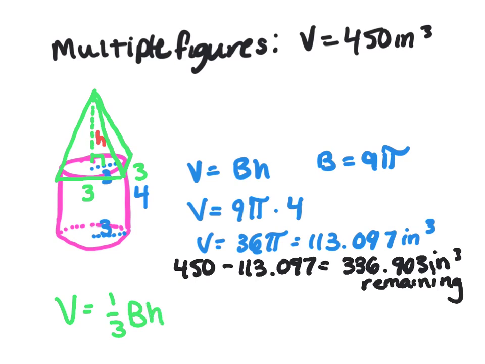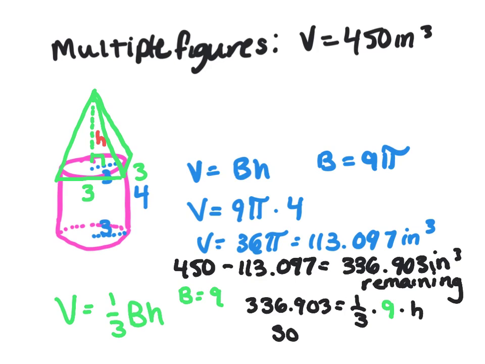We know using the information that's given that since it's 3 by 3 that my base is going to equal 9. So now let's say I choose to plug in the formula. I'm going to have that my volume, which is the 336.903, equals 1/3 times the base times the height, which you could then solve.